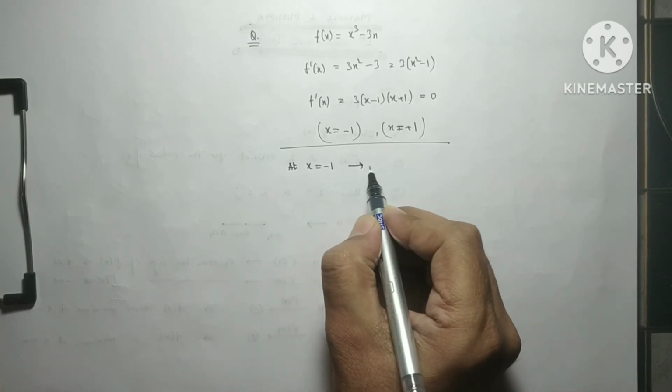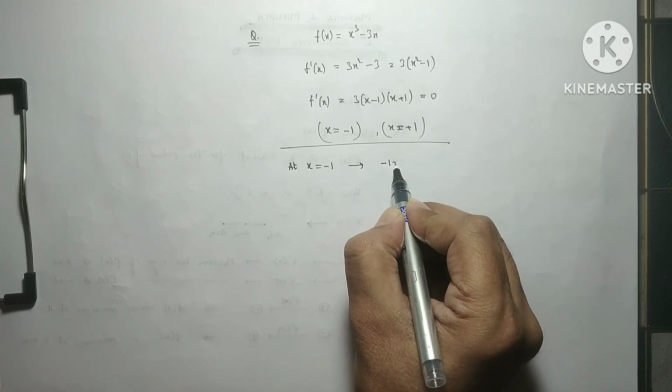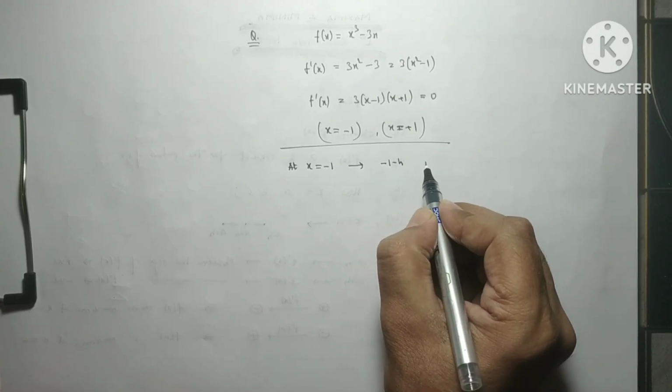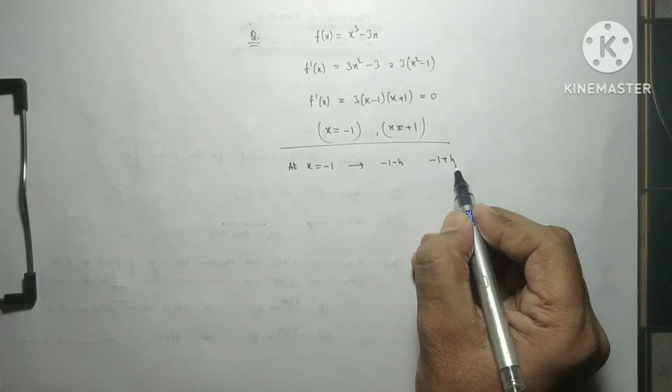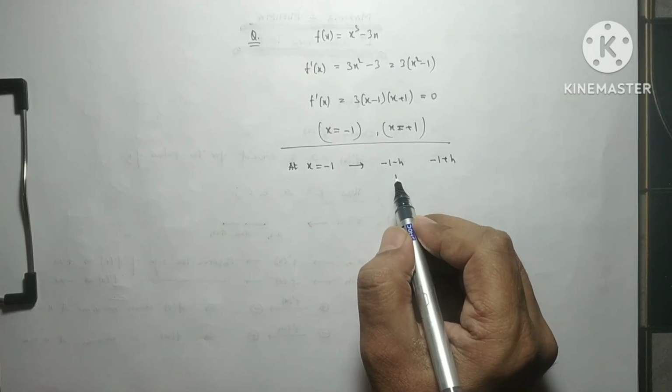Its nearer values are minus 1 minus h and minus 1 plus h. So it is a slightly lesser value and a slightly greater value.